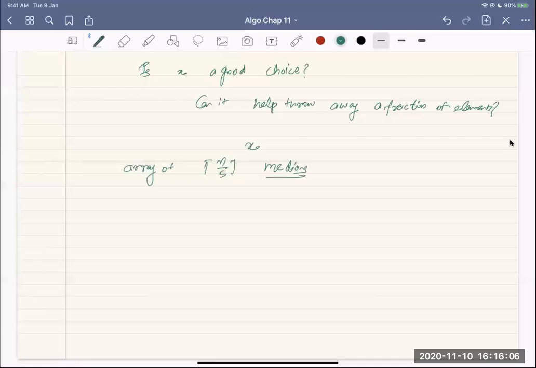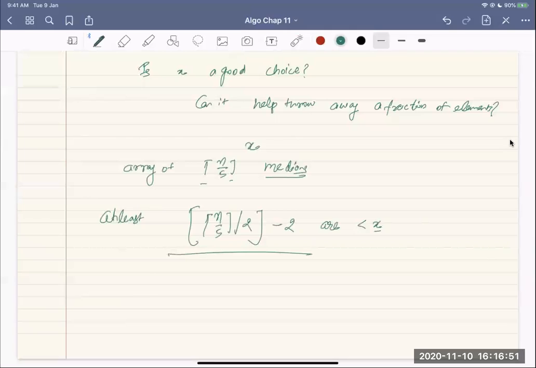If I do this loosely and do not talk about ceilings and all, I can say that at least half of them, and because you are taking a ceiling, are less than x. So at least these many are less than x.